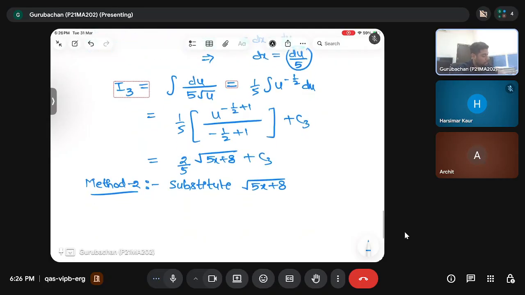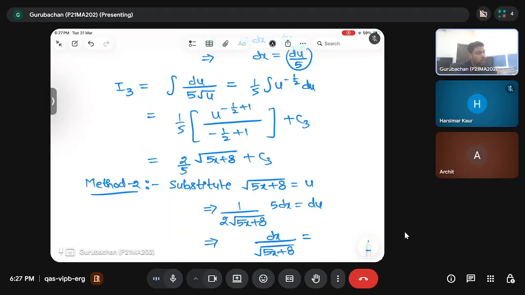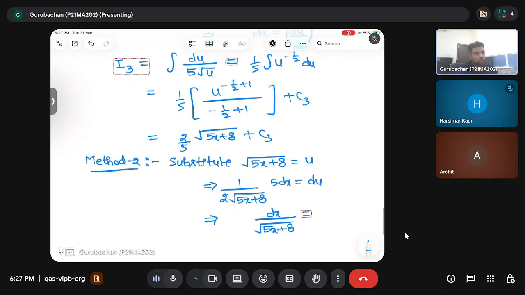Yes, sir. If we substitute like this, this will give us 1 by 2 under root 5x plus 8 into 5 times dx is equal to du. So this will be the complete integrand itself, 5x plus 8. So you put all the weight of the integrand on some differentiating term, or the rule of differentiation by chain rule.